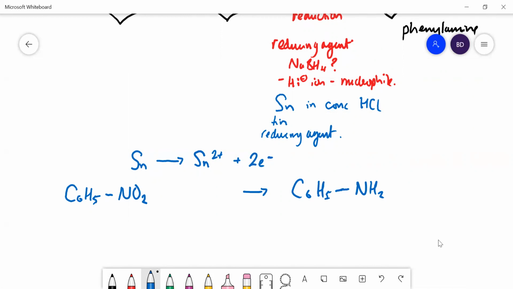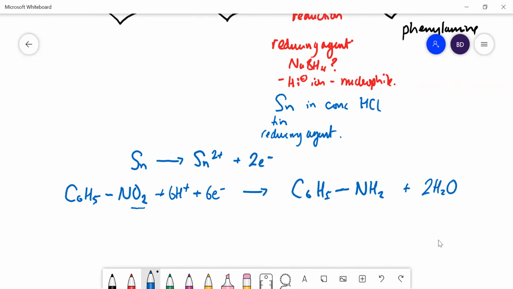First of all, we balance for oxygens with waters. So we've got 2 oxygens here and we haven't got any oxygens on the other side, so I'd have to put 2 H2O. And then we'd have to balance for H plus ions. Well, I've got 6 more hydrogens on the right hand side than on the left, so I'd want 6 H plus. And then I'd balance for charges, so I'd need 6 electrons. Okay, so that is that.